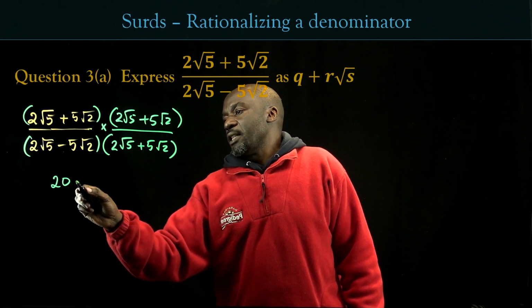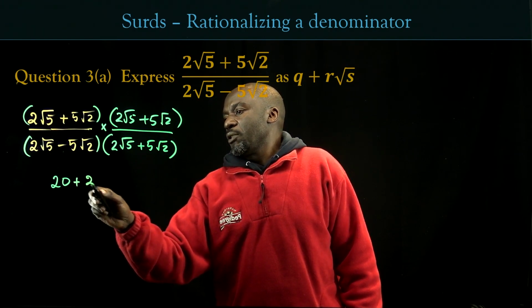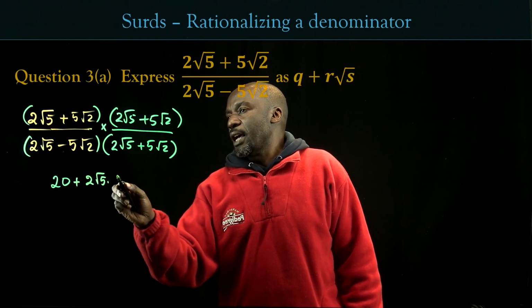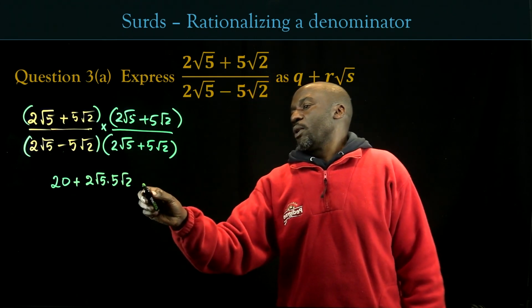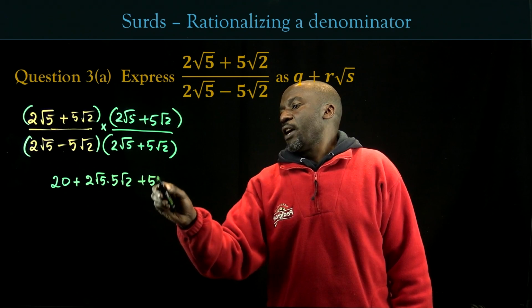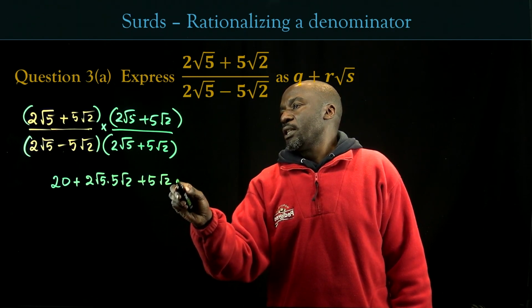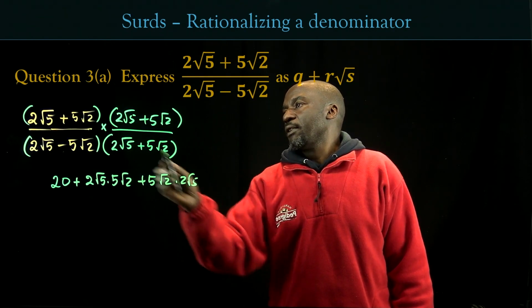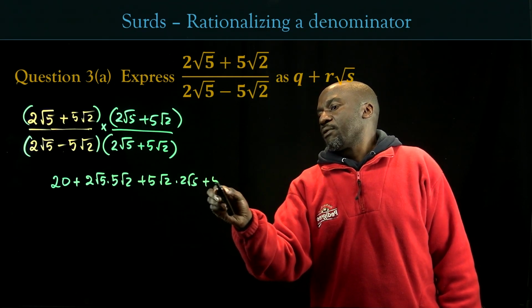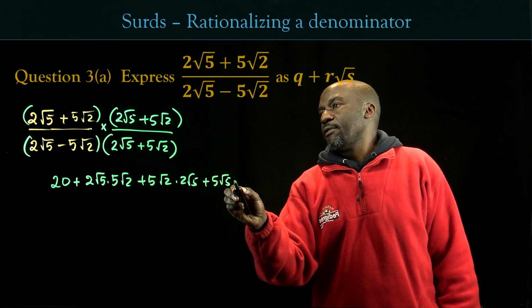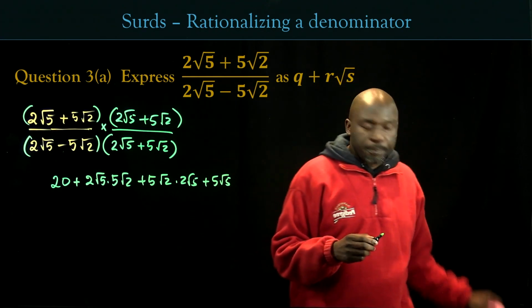I think I can write it down. So this is 2 root 5 times 5 root 2. And then I multiply this one out. This is plus 5 root 2 times 2 root 5, which again gives plus 10 root 10.